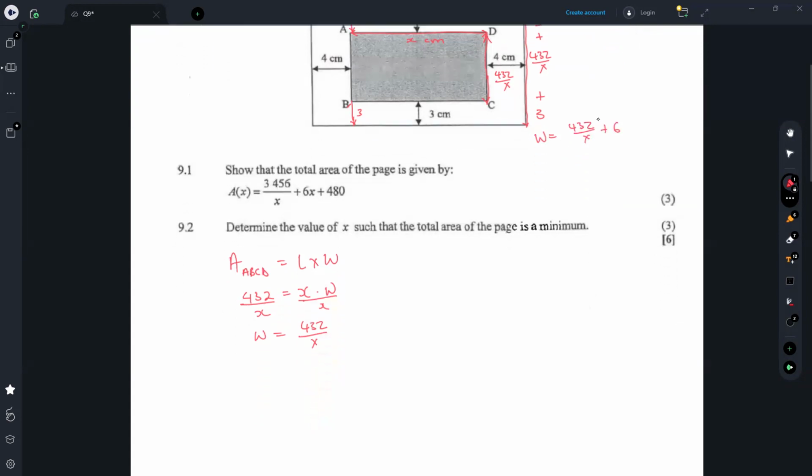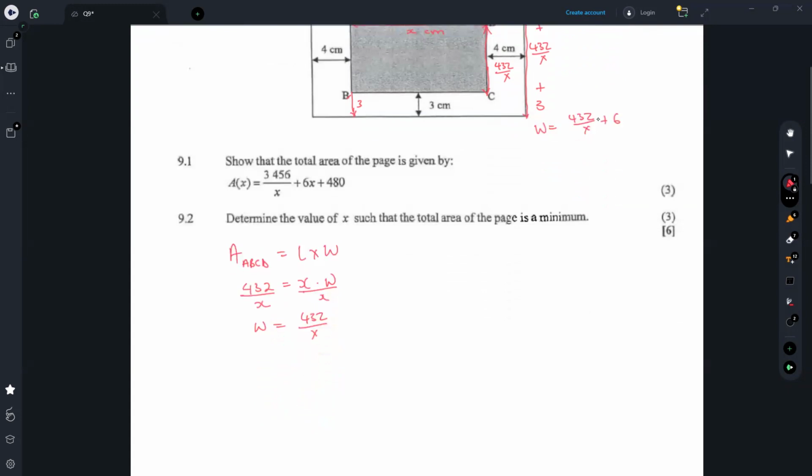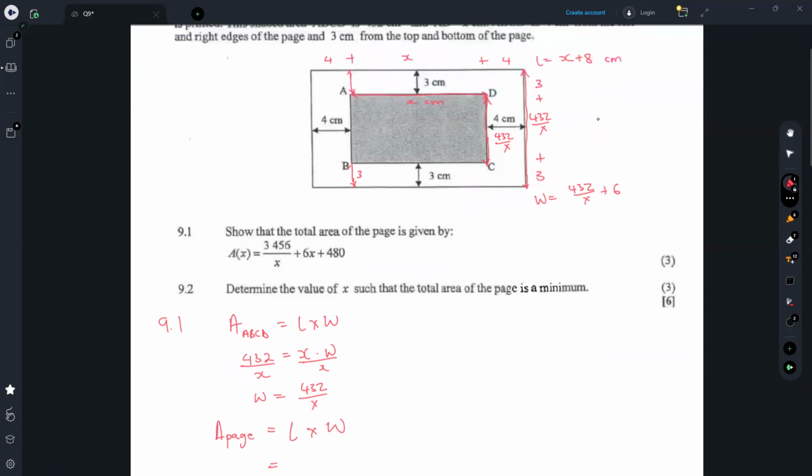Now what does this mean? It means that we have every piece of information to calculate the area of the page. Let me write that, that's the solution for 9.1. It would be the length multiplied by its width. Now let's substitute in the values that we have for length and width.